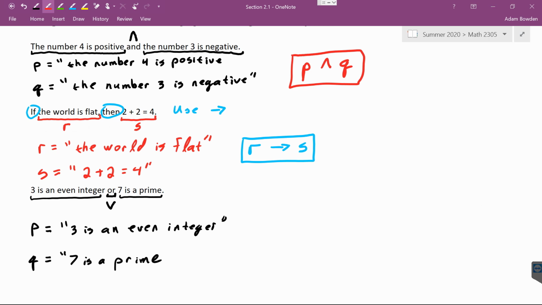So I'll write this with the OR symbol as P or Q. So these are all kind of shorthand ways for showing the structure of our proposition, where each letter is standing in for the different parts that are being put together by the different logical connectives.